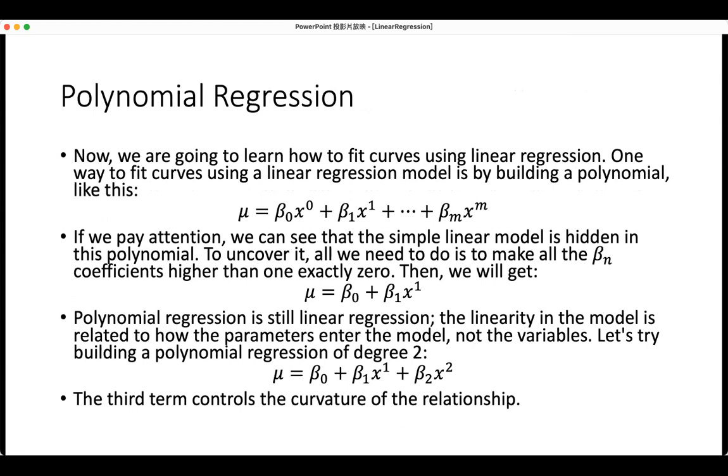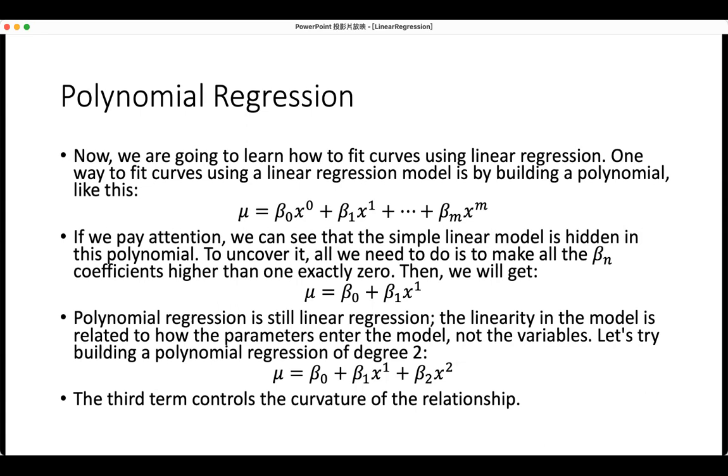So by using an almost identical technique, we can do polynomial regression. In a polynomial regression, instead of using a line to fit the data, we are using a higher order polynomial to fit the data.